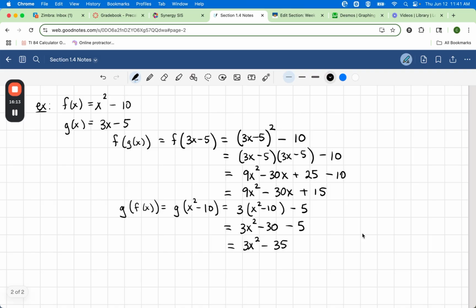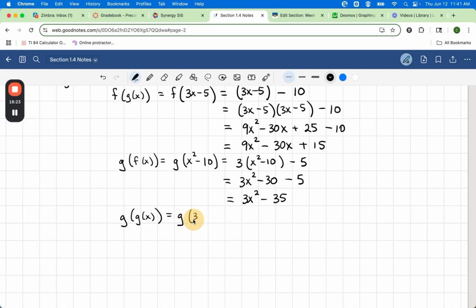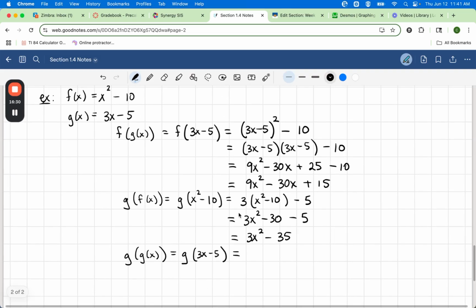One more. Let's just do one more, just to take a peek at what g of g of x would be. g of g of x is going to be g of 3x minus 5. So that basically means plug 3x minus 5 in for the x in the g function.